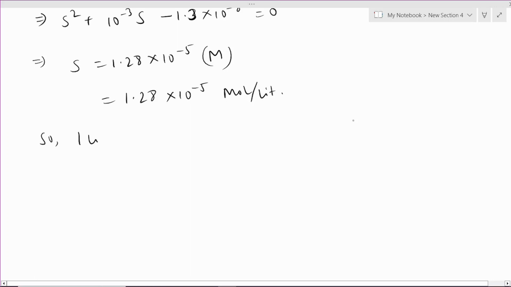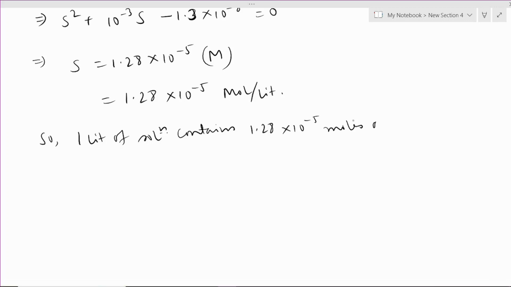So 1 liter of solution contains 1.28 into 10 to the power minus 5 moles of lead sulfate.